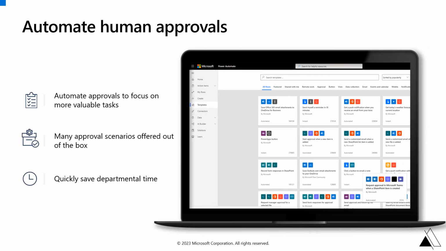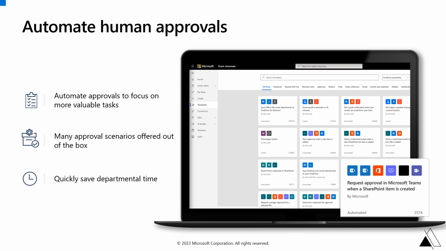Approvals are time consuming tasks which are essential for business operations but are not high value tasks. Yet, every day, employees in organizations around the world manually handle approval processes, which are inefficient. Power Automate enables easy automation of many types of approvals and common scenarios as pre-built templates.